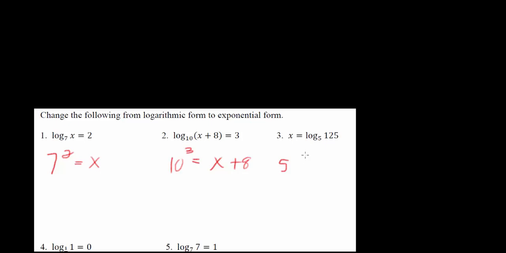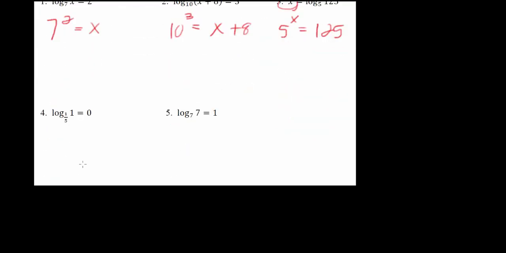The base of the logarithm is the base of the exponential. You raise it to the power of what the logarithm equals, and set your exponential equal to the inside of the logarithm. So our base this time is 1/5. We raise it to the power of 0 because that's what the logarithm equals.